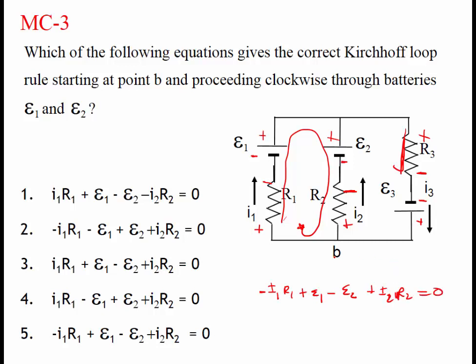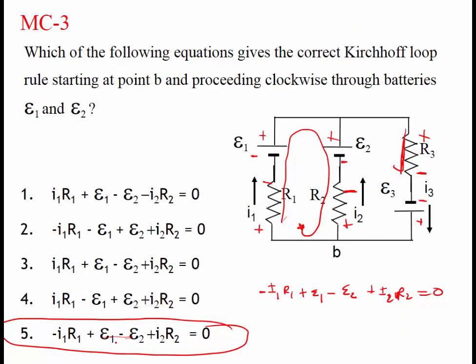So minus I1 times R1 plus E1 minus E2 plus I2 times R2 equals 0. So it will be this one, number 5. That's the correct answer.